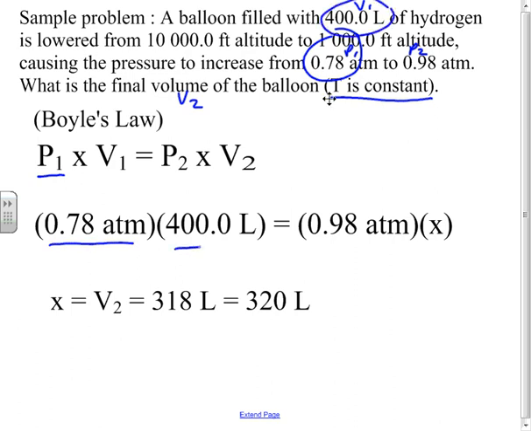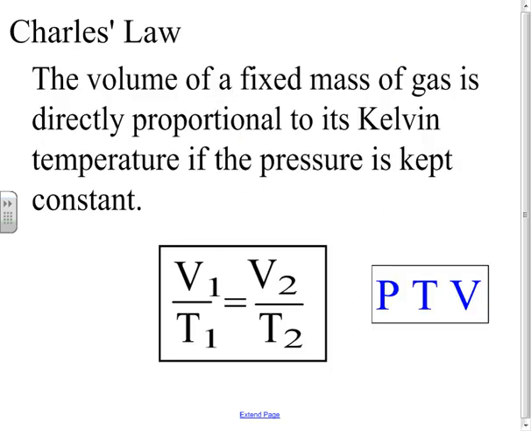V1 is given as 400 liters. P2 is 0.98 atmosphere. It's changed to 0.98, so that is P2, not P1. And we're asked to solve for V2. And a little bit of math there is going to give us 318 liters. Rounding to two significant figures will make that 320 liters.